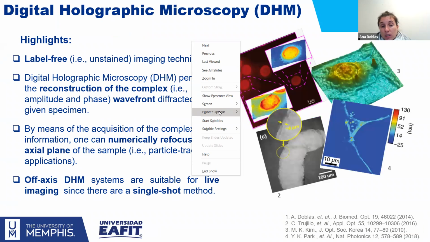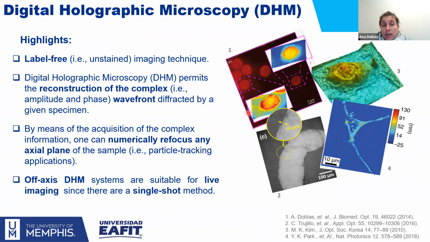Before presenting our work, let me introduce a little about digital holographic microscopy. This technique is used to image a stain-free sample, so it's a label-free technique. The main advantage is we record the 3D information. We have information about the amplitude and the phase, so we have a whole knowledge about the wavefront, how it's distorted.